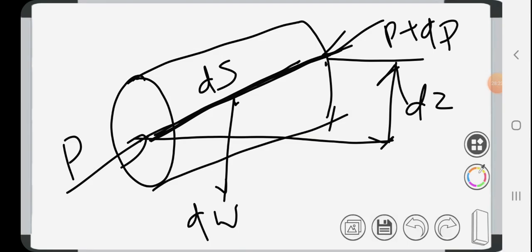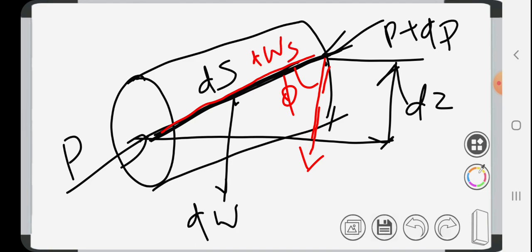So students, since this is ds and this is dz, if this angle is phi, so dW is acting in this direction, right? We know the component, let this be dWs, the component acting in that particular direction.